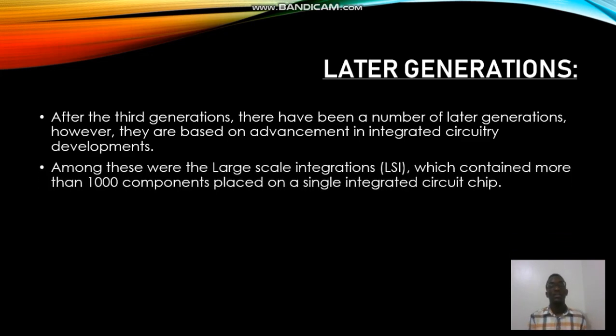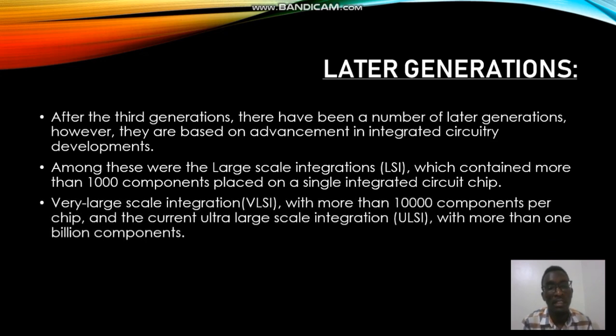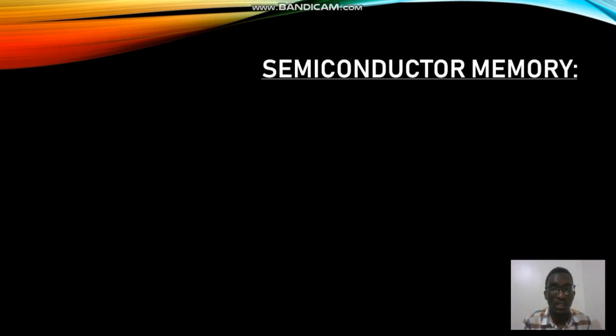Among these, we see large-scale integration, which contains more than 1,000 components on one single chip. Then we have very large-scale integration with more than 10,000 components per chip. In ultra-large-scale integration, which is being used today, more than 1 billion components are put in a chip.